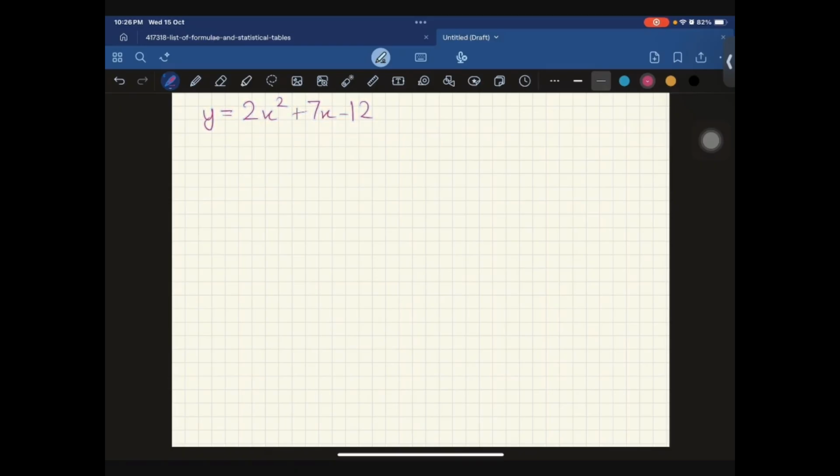Sir, how will we put the second step in it? Because if we divide 7x by 2... So you can keep it as 7 upon 2. Just keep it as 7 upon 2. Okay.